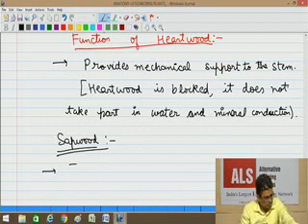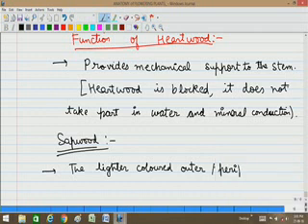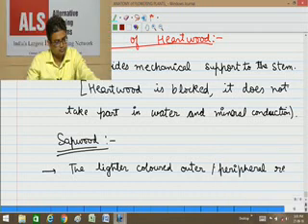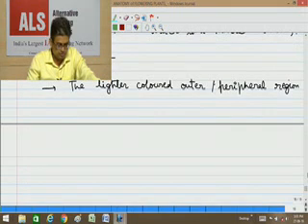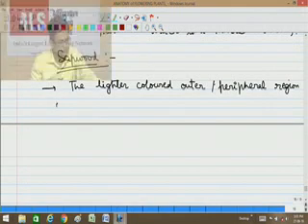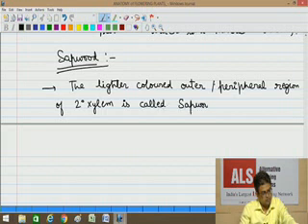The lighter colored outer or peripheral region of secondary xylem is called sapwood.